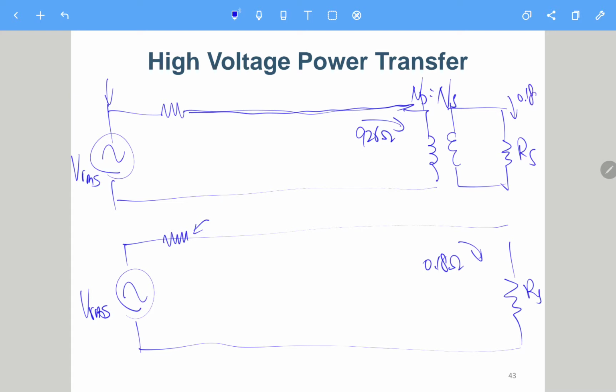This is still 0.18 ohm, but this wire is long. Here, if it is 926 ohm, then this intrinsic resistance might cause only a small ratio of power loss. But if it just transfers the low voltage to your home, then the parasitic resistance here will cause a large loss compared with this 0.18 ohm. So that's why we need high voltage power transfer rather than low voltage power transfer.